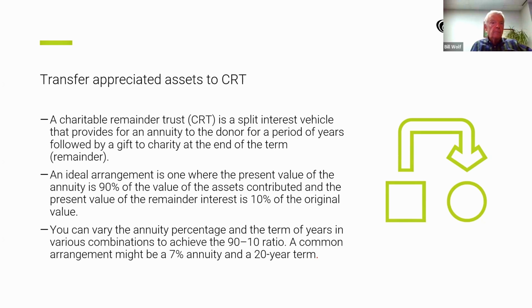CRTs are most often set up, I'd say, within 30 days of a major transaction, because by having the trust, the CRT, own part of that stock or part of that real estate or all of it, that portion will not be taxed when you consummate the sale.